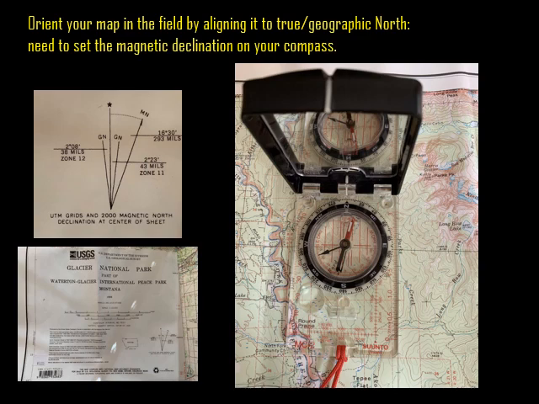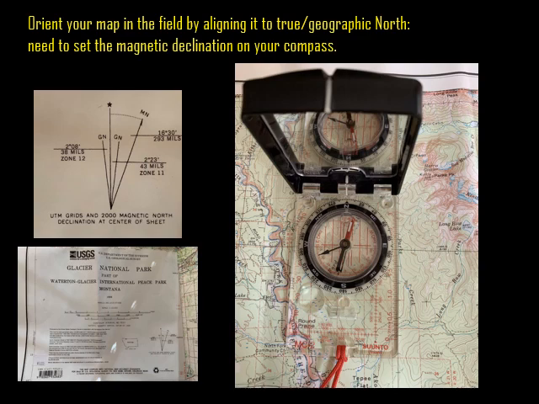But in the center of that entire map sheet, which is composed of zone 11 and zone 12 here, you have a magnetic declination at the time of the map print, which I think is 1970 or something.